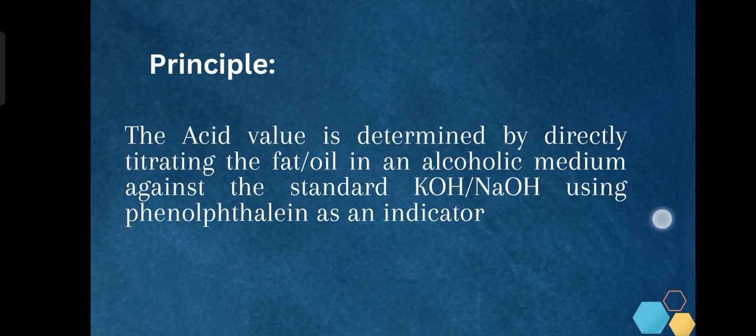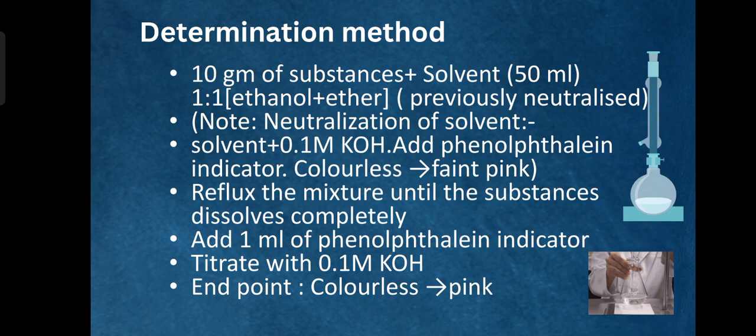Okay. Next is the determination method or the procedure. The following procedure is as per IP. Here we have to take 10 grams of the substance. These 10 grams of substance are taken into a conical flask and dissolved in 50 ml of solvent.